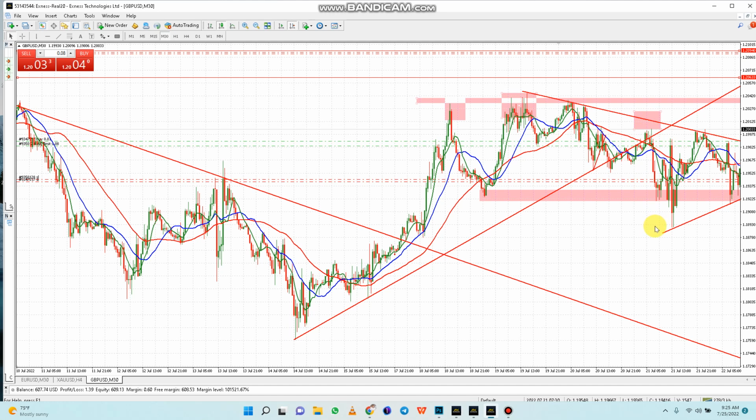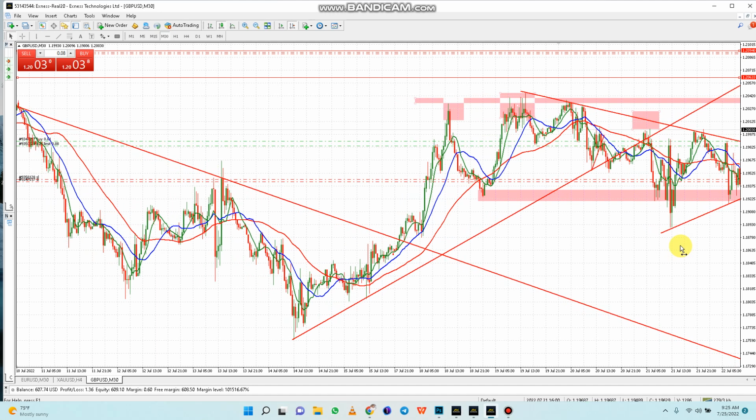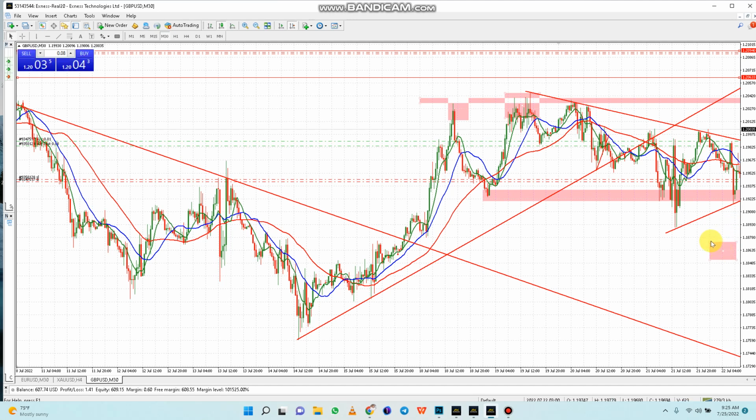Then I didn't enter in some accounts that particular trade. So when I saw it come back to this area here, I saw it as an opportunity for me to actually enter the second time for a longer push.